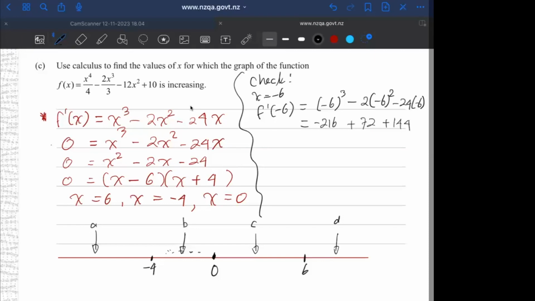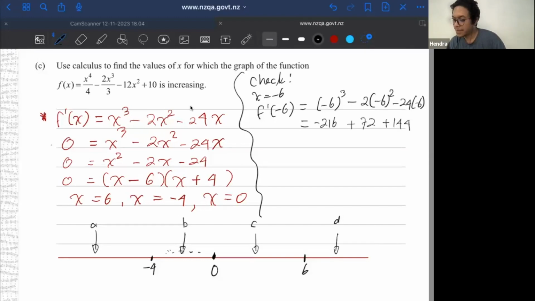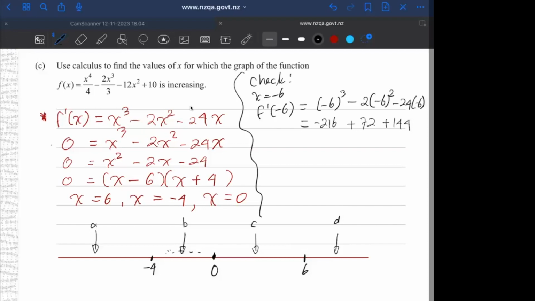What is 6 cubed? 6 cubed is 180 plus 36, so 216, yeah. 6 squared times 2 is 72, right? And 36. Oh, it's minus though. Yeah, but this is squared.